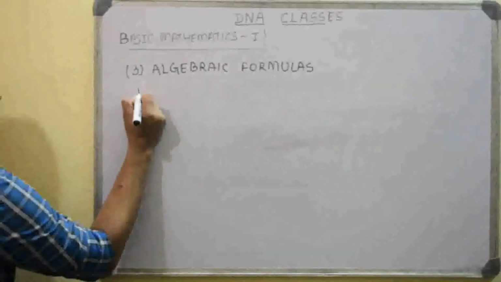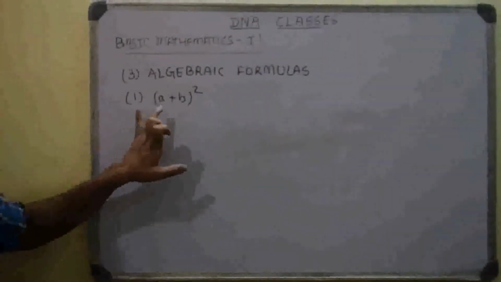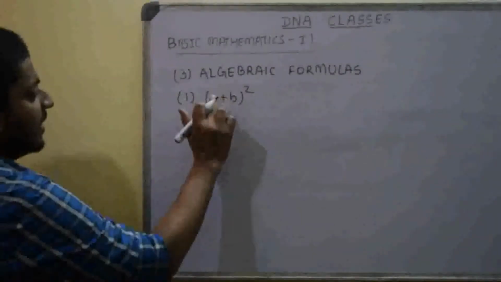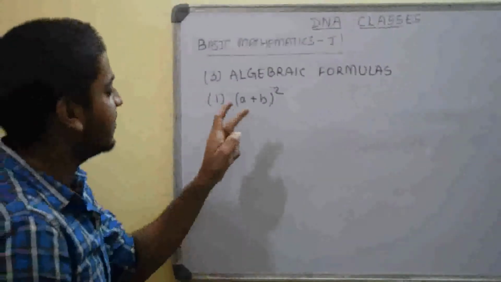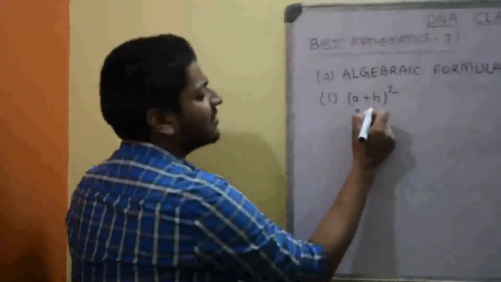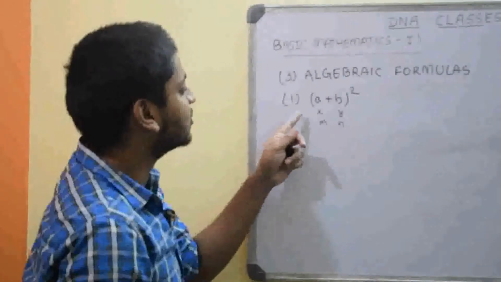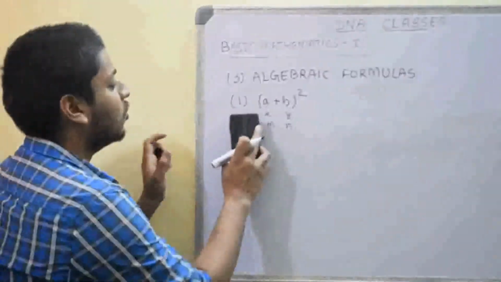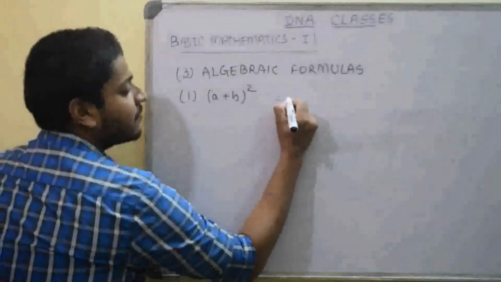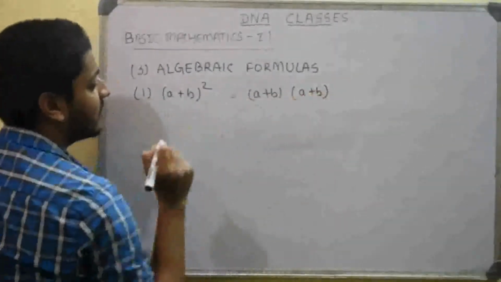First we will study a plus b whole square, where a is a variable, b is a variable. We can replace this a by x, y, any variable, m, n. So a plus b whole square we can write as a plus b into a plus b.